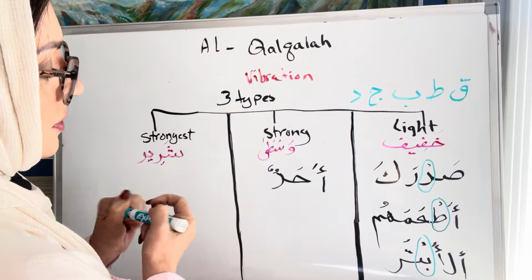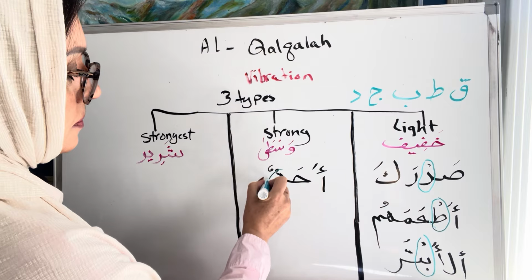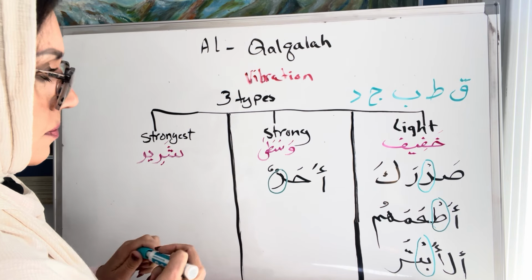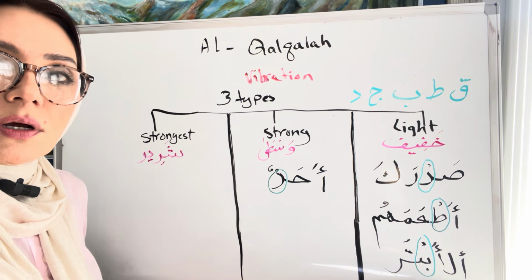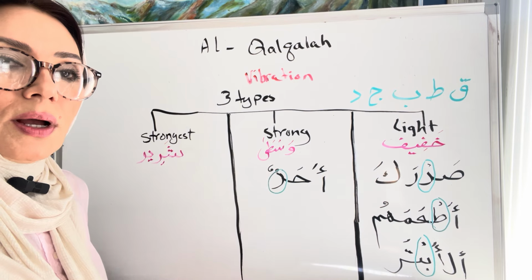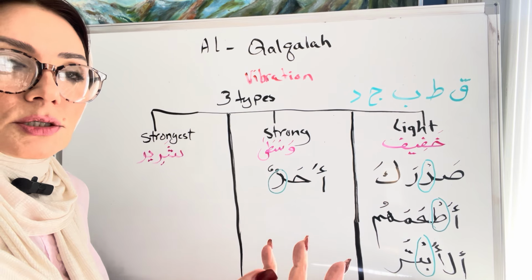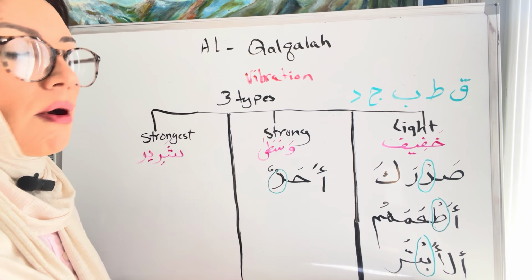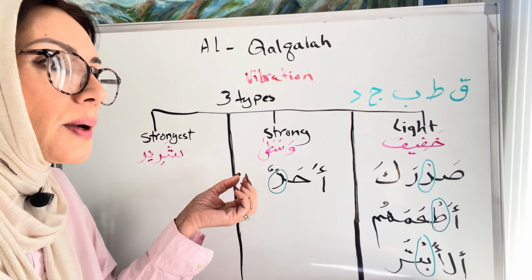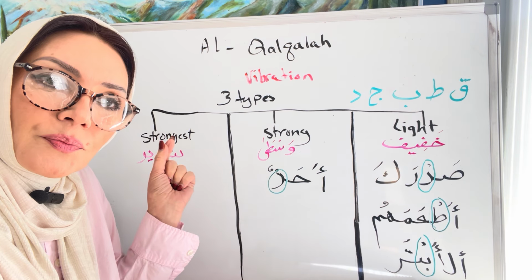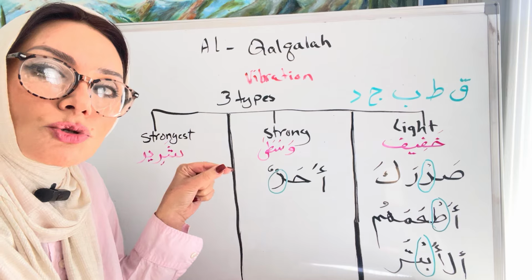So now we have here dal. It's one of the huruf of qalqala. Huruf, I say huruf, that means it's letters. Ahad. So now when we stop on it, it's a little bit stronger.